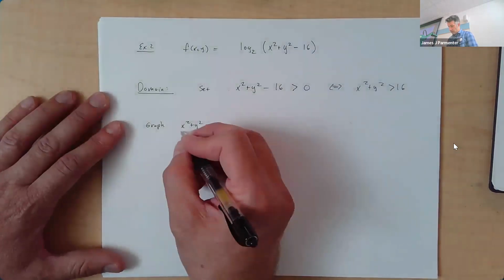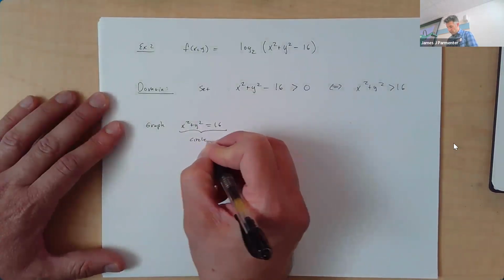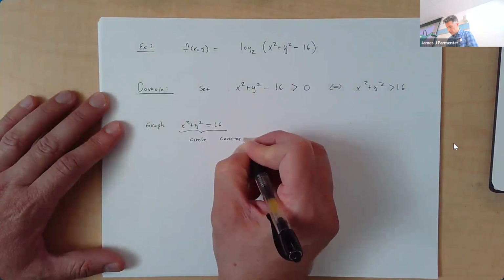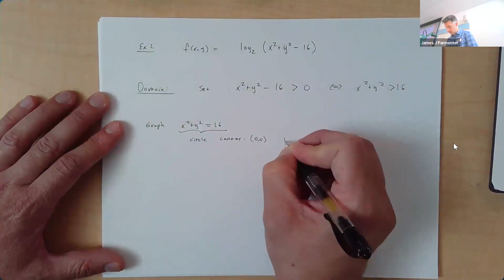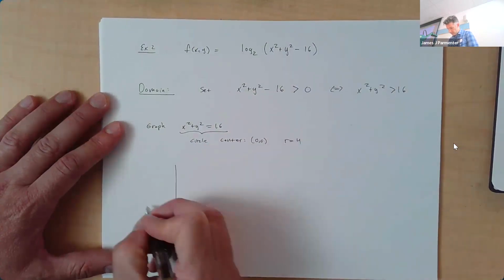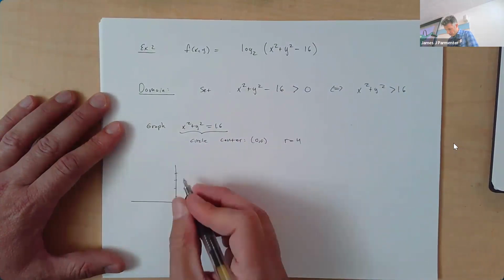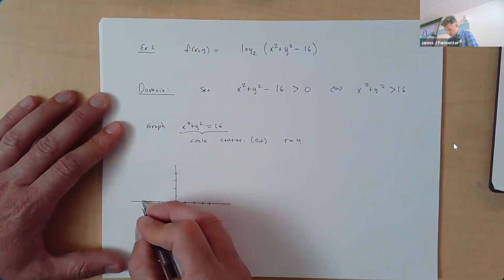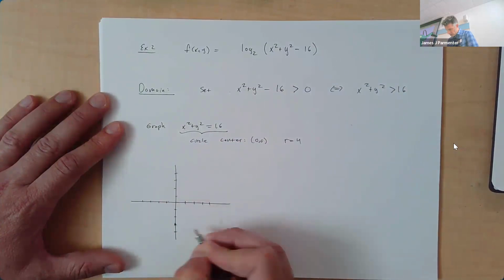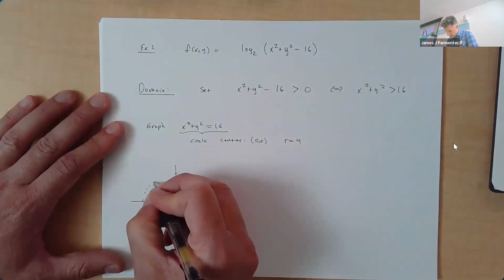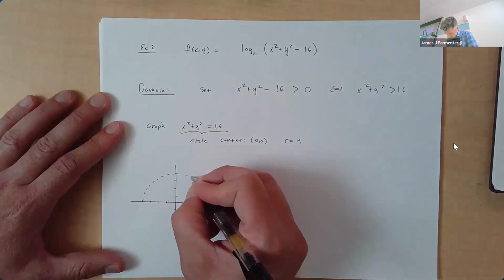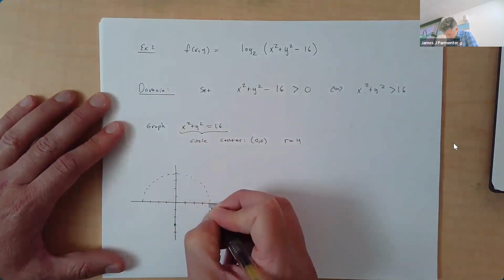This is a circle, center is the origin, my radius is 4: 1, 2, 3, 4. And I'm going to draw that dashed as best I can.